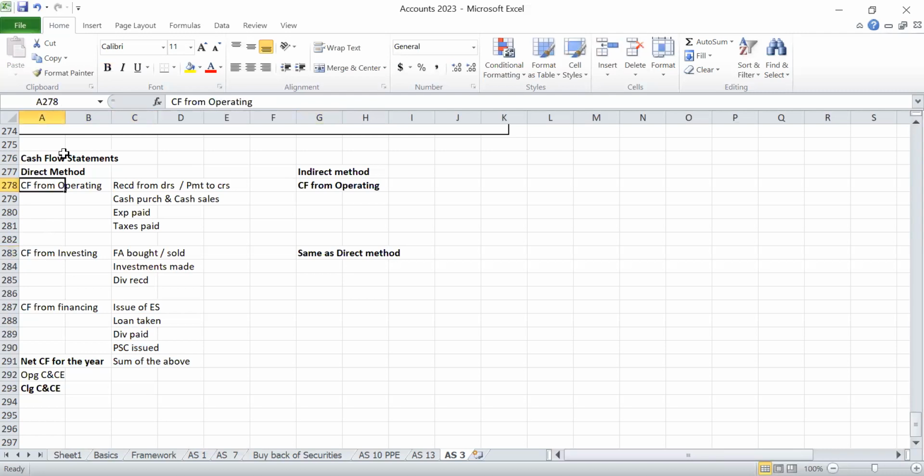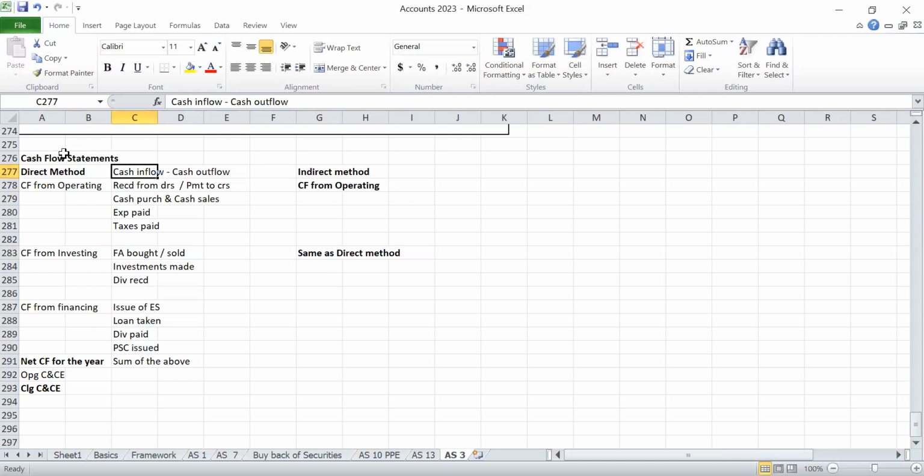The logic of direct method is what? Whatever cash inflow minus cash outflow: received from debtors minus payment to creditors, cash sales received, expenses paid, cash purchases, cash outflow.